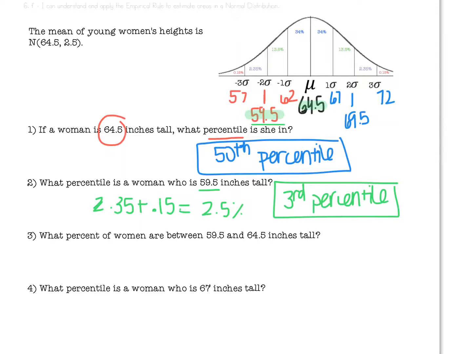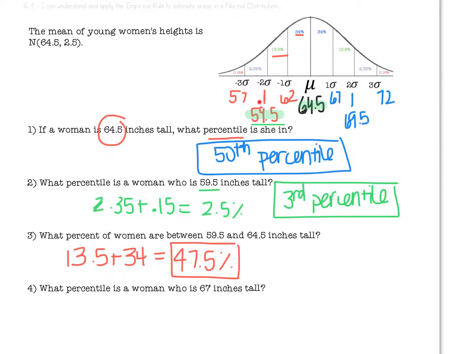The first approach, the most straightforward, is to recognize that the 2 percentages between that are 13.5 and 34, because we're talking about this height and this height. So I could simply add 13.5 plus that 34%, and that gives me 47.5%.